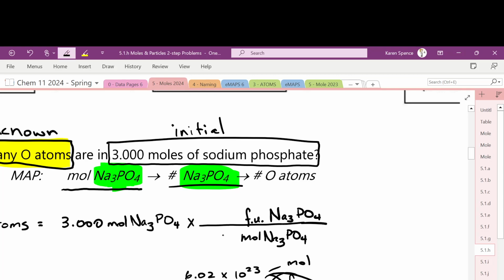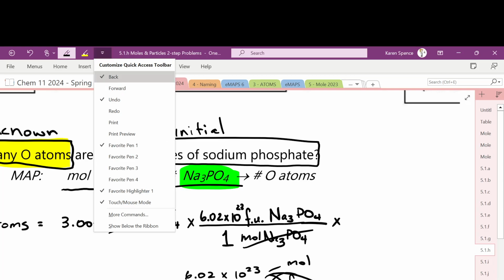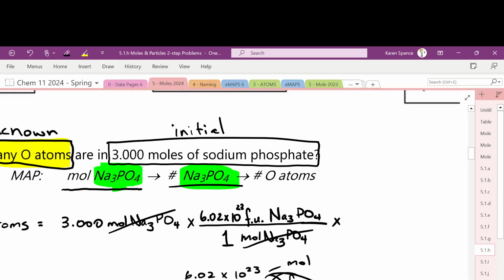Okay. So one goes with the mole, and we have 6.02 times 10 to the 23 formula units. Are we done the problem? No, because we didn't want Na3PO4. We wanted oxygen atoms. So we're going from one type of particle to another type of particle.